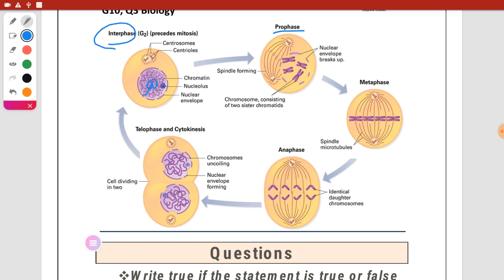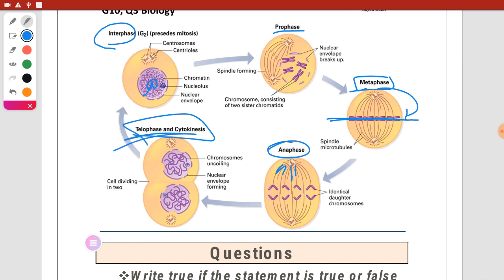And the chromosomes start to line up in the metaphase. In the anaphase, the spindle fibers become shorter and pull each chromatid toward itself in opposite directions. And after anaphase, telophase and cytokinesis happen.